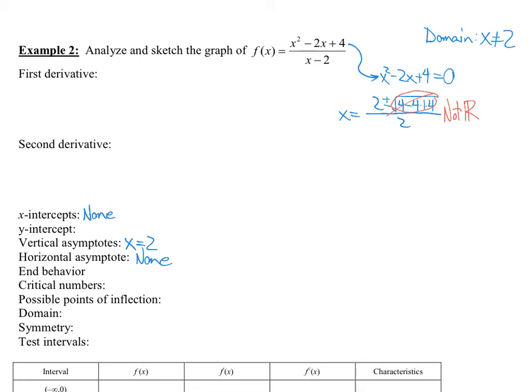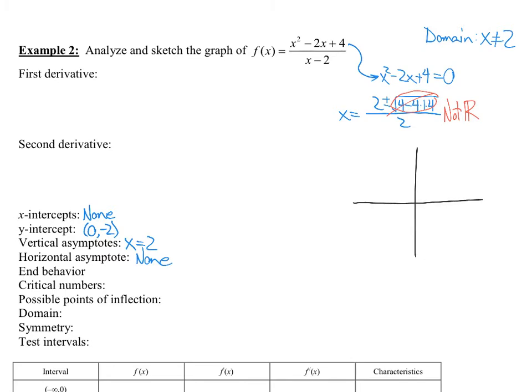Y-intercepts are easy. The y-intercept is where x is 0. So that's 4 over negative 2, which is negative 2. So we now know a point on the graph, 0, negative 2.